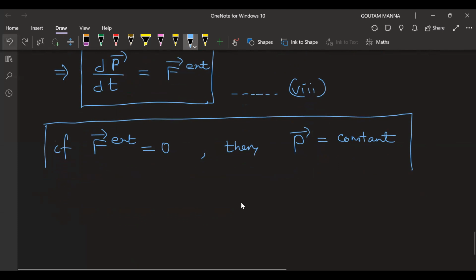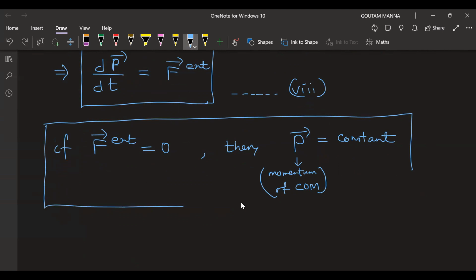This also means the momentum of the center of mass is constant.